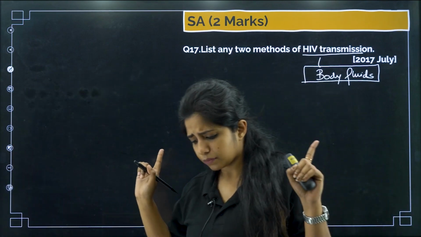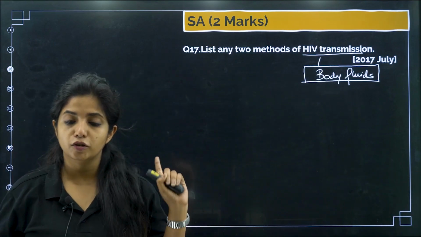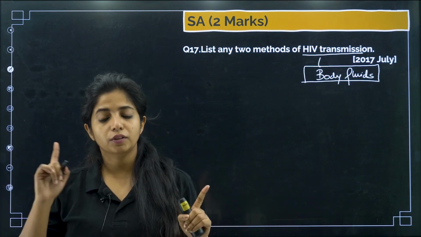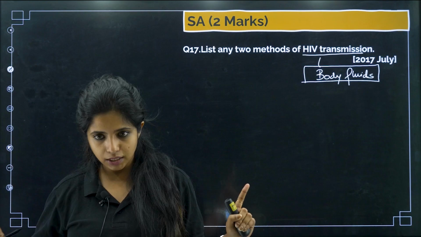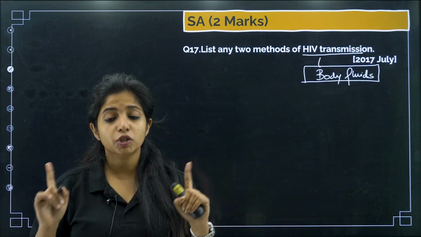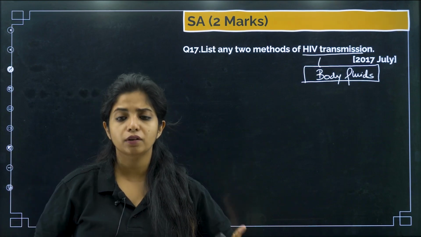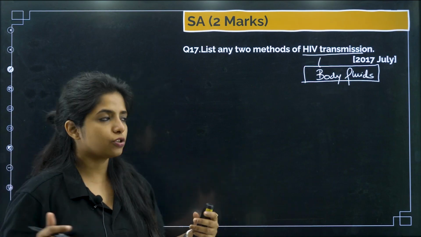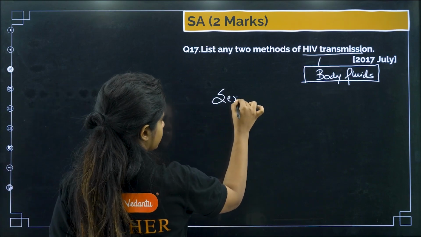That's when we can say that HIV has spread. For example, 2 people having sexual intercourse. One person has HIV, the other person will also get the HIV virus, because it is transmitted through body fluids, and the seminal and genital fluids which are released are also a type of body fluid. So sexual intercourse is one such thing.